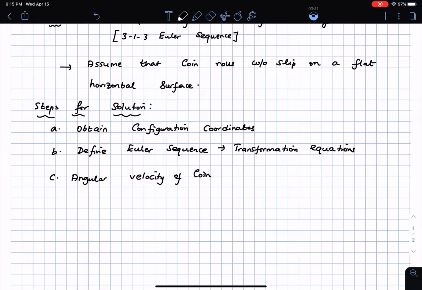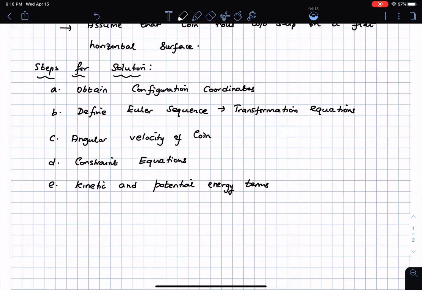Once you have the angular velocity of the coin, then we can establish the constraint equations. We will see whether the system is holonomic or non-holonomic. Of course, if it is non-holonomic, we need to use the multipliers. We define the kinetic and potential energies after that, and then we go up with the Lagrangian formulation.